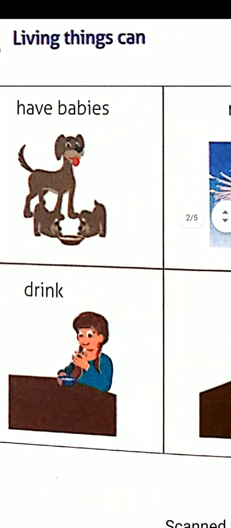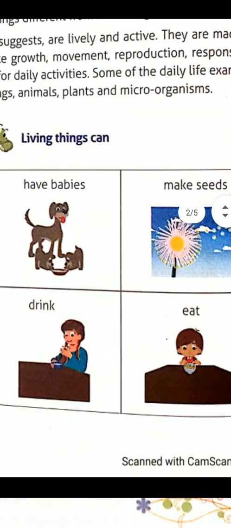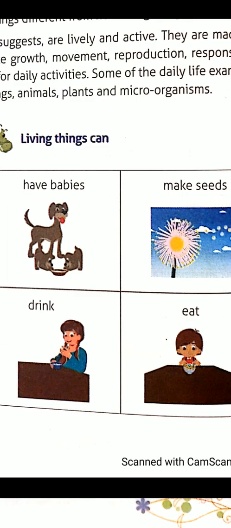Okay. See, these two pictures. In these two pictures, the children are eating and drinking water. So, what we can say from this is that human beings require food and water for survival, okay?